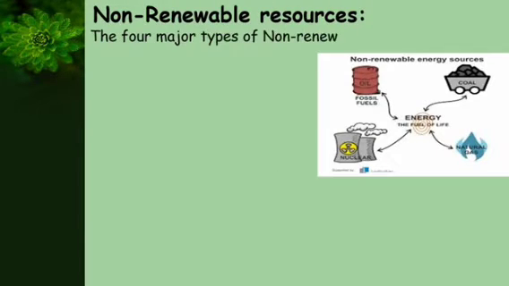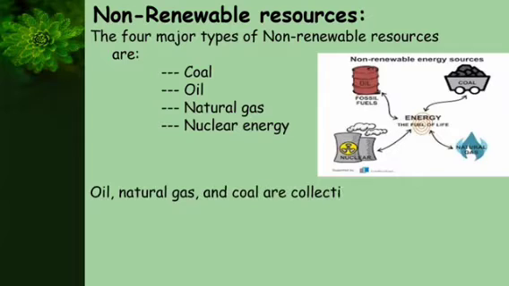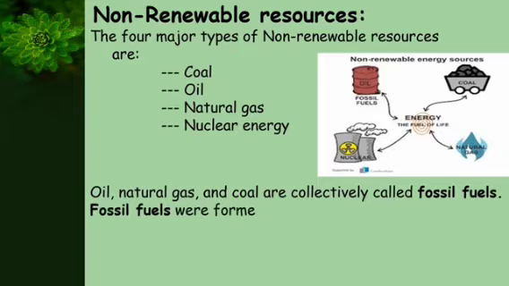The four major types of non-renewable resources are coal, oil, natural gas, and nuclear energy. Oil, natural gas, and coal are collectively called fossil fuels.